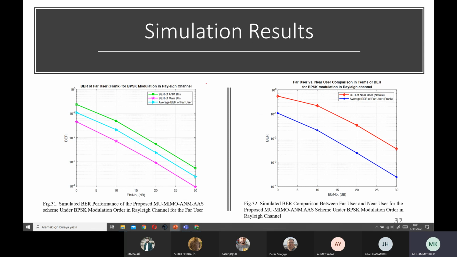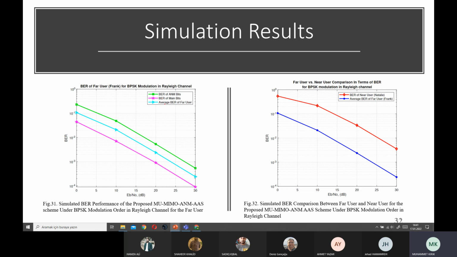So when we apply this scheme in MATLAB, we come up with these results. This is the bit error rate performance of the far user's data.